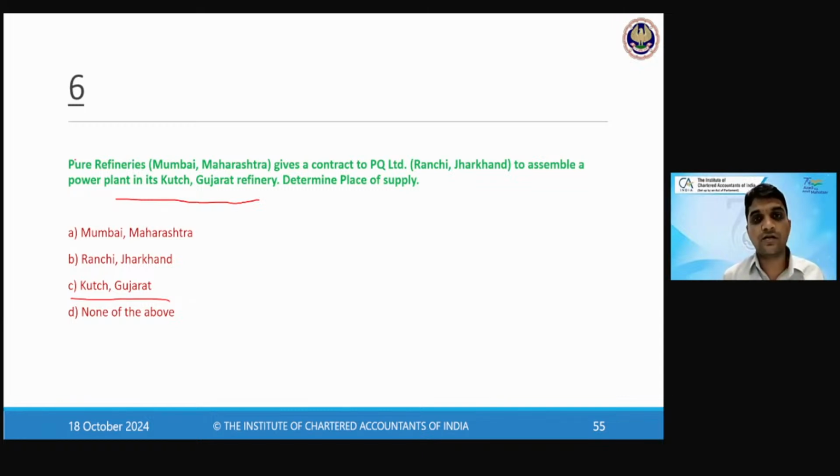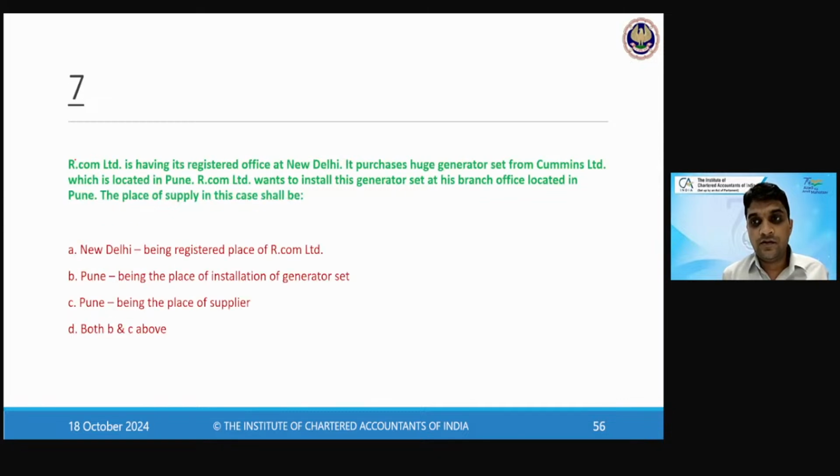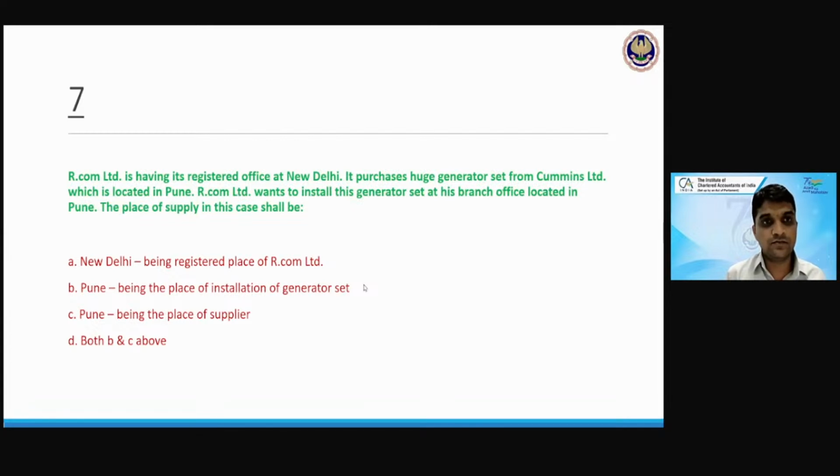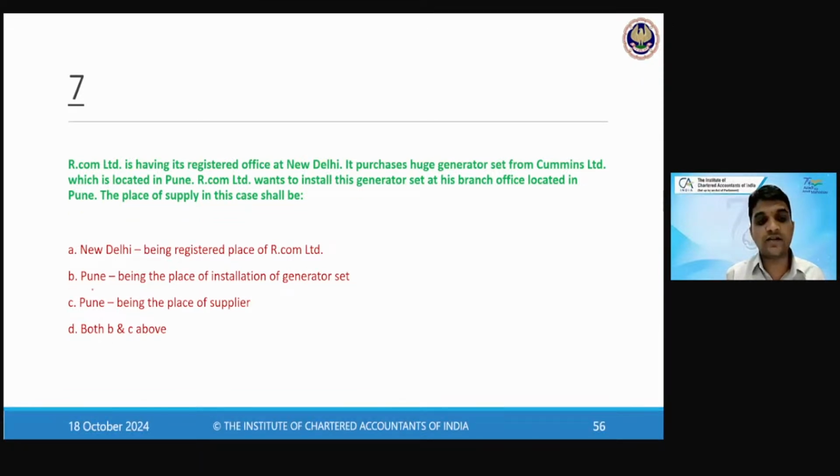Question number 7. Correct. This becomes easier. For 7, the answer is B, Pune being the place of installation.